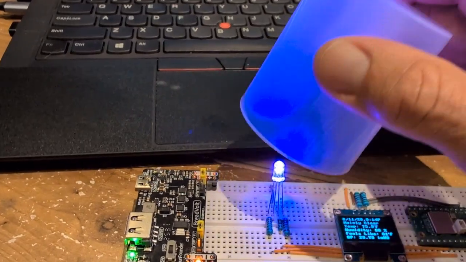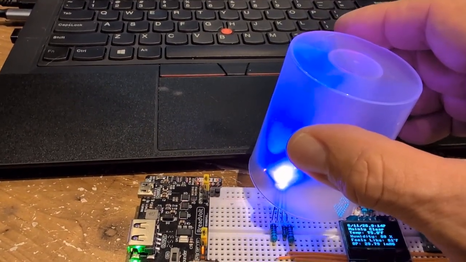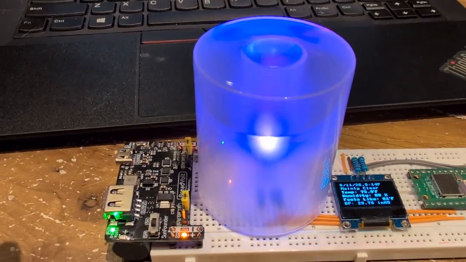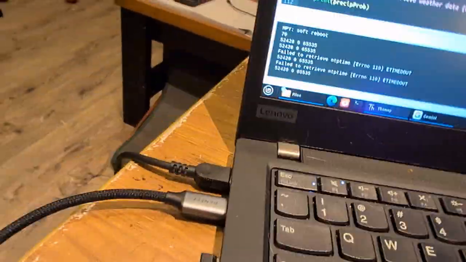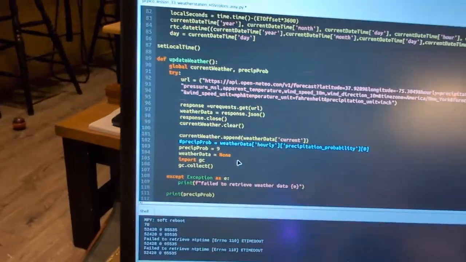This isn't an ideal way to show the colors here, but it is definitely much more purple to me than to you, I think. Then if I would enter, say, 95, push go.